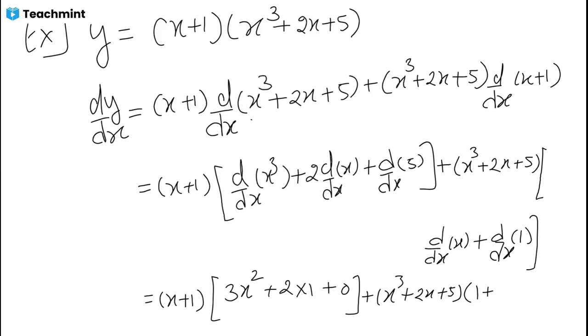So 1 plus 0. Now let us simplify this and write it on the next page. So this is x plus 1 and 3x square plus 2 only. And here we write the same, and only 1, because we multiply 1 with this, so we get the same. Are you getting it? Yeah, I'm getting it, ma'am.